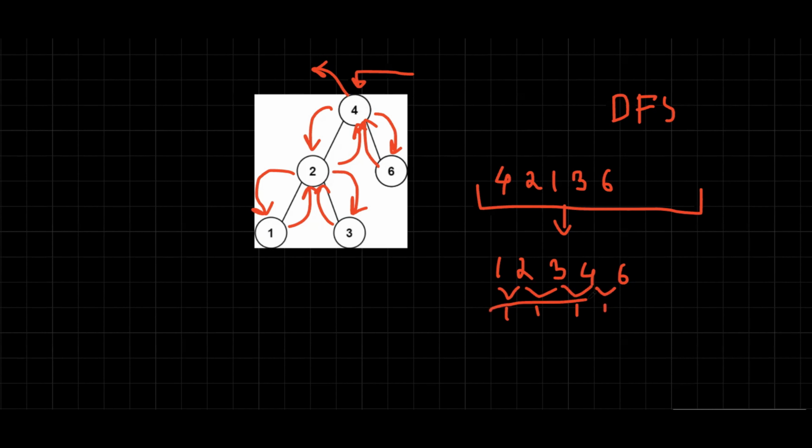So the minimum of all of them is 1. So in this problem, we can say that the minimum difference between two nodes is 1. I hope you understood the algorithm. Now let's move on to the code.